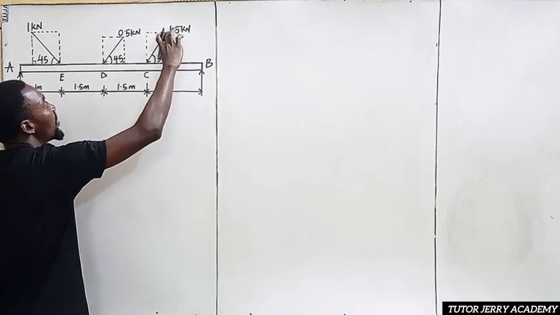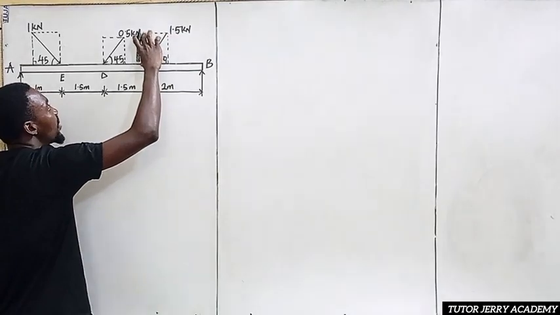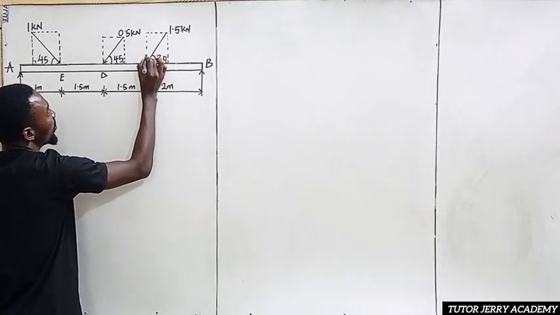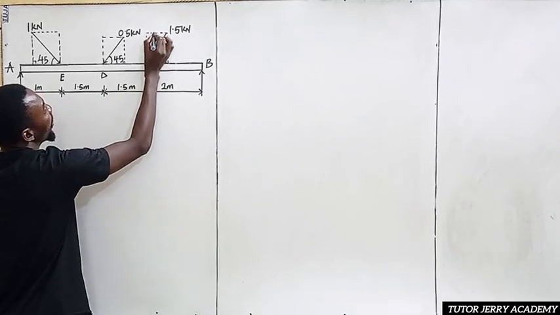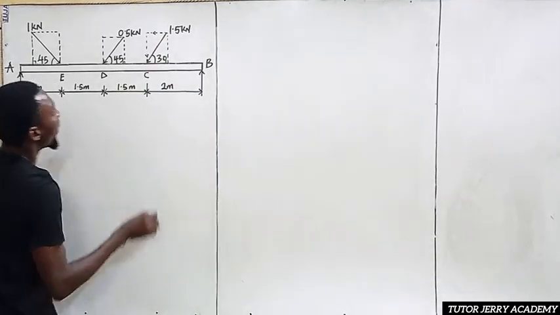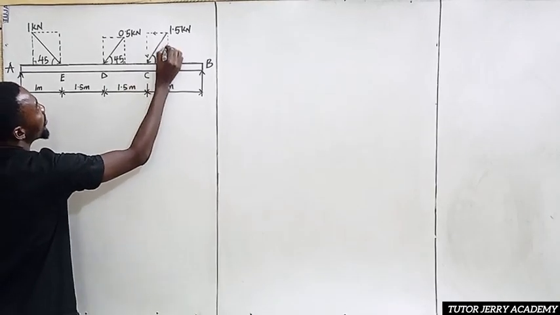If this place is 0.75, this place too is 0.75. The arrow is here, so we are tracing towards the arrow, and our angle is moving towards this side.